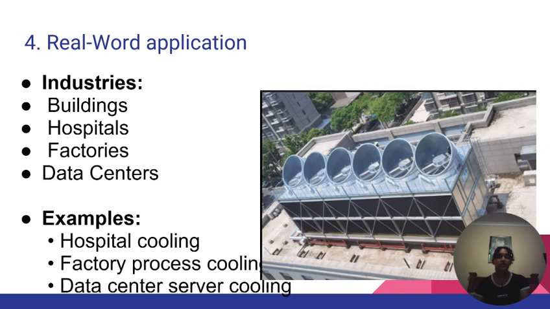In hospitals, MRIs and CT scanners usually use a water cooled chiller, and for factories it would be wineries and milk, where wine has to be cooled to a certain temperature, and milk also has to be cooled to a certain temperature to work with.